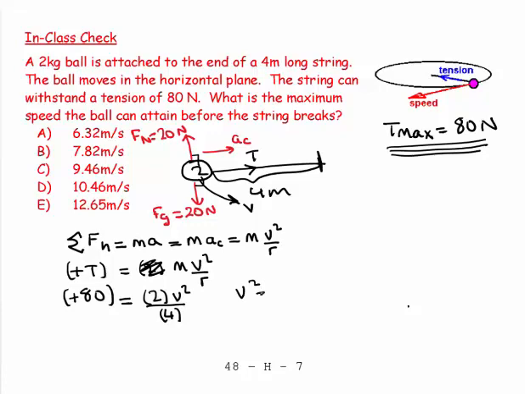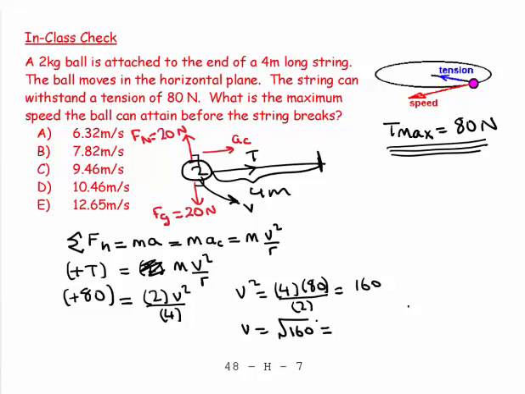So v squared is going to equal 4 times 80 over 2. Remember, let the paper do the thinking. That's going to be 160. So v is equal to the square root of 160, which, just so we remind ourselves, is not 40.